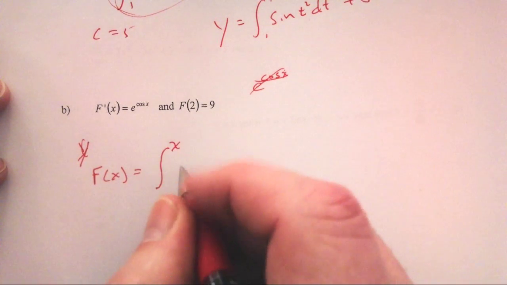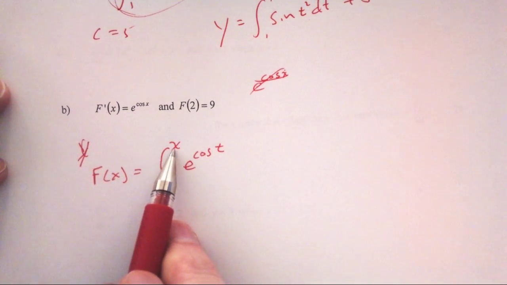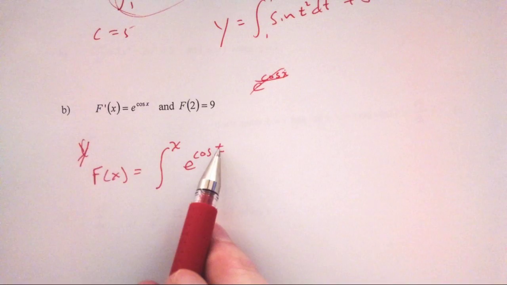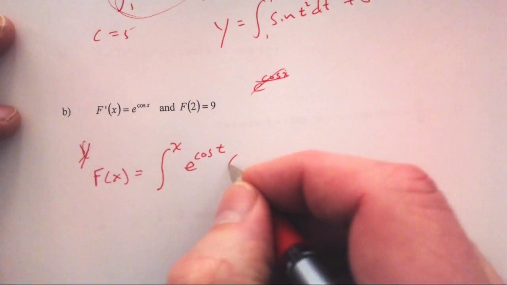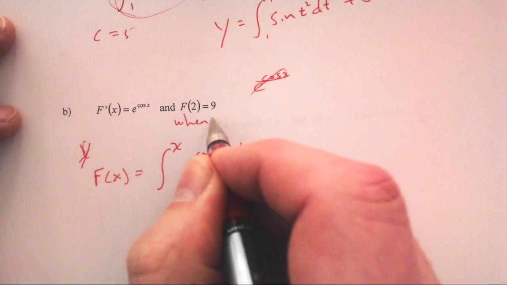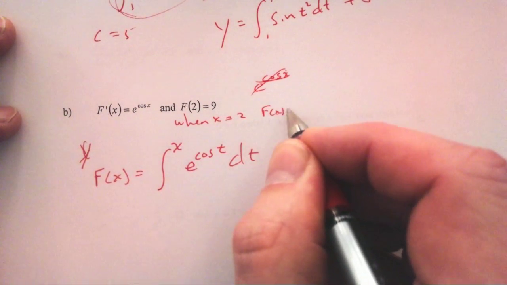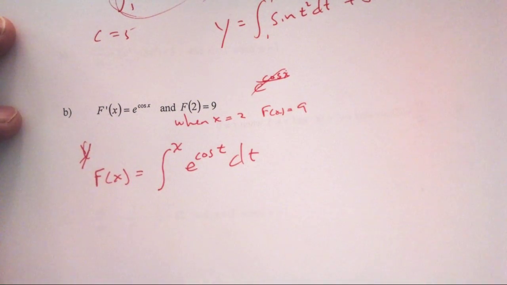We're going to run that through x, so that would be e to the cosine of t. That way, when I integrate and put x in here, we're back to here, dt. This is saying when x is 2, y, or f of x, is 9.